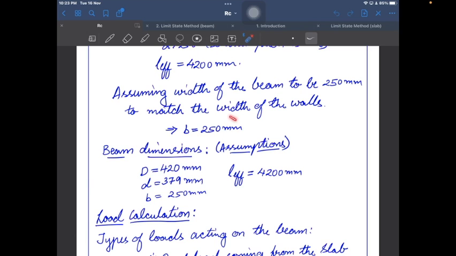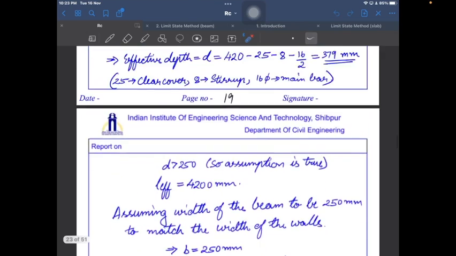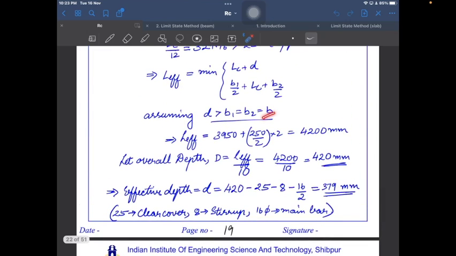B is the symbol used for width of the beam, and don't get confused, this is not width of the beam, these are support widths. By mistake I have written B here, but actually this is not width of the beam.